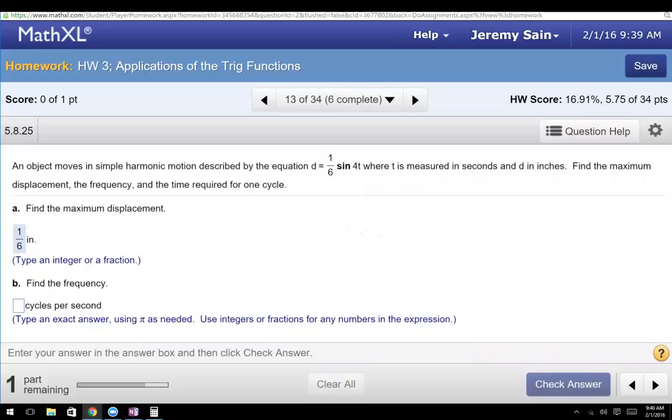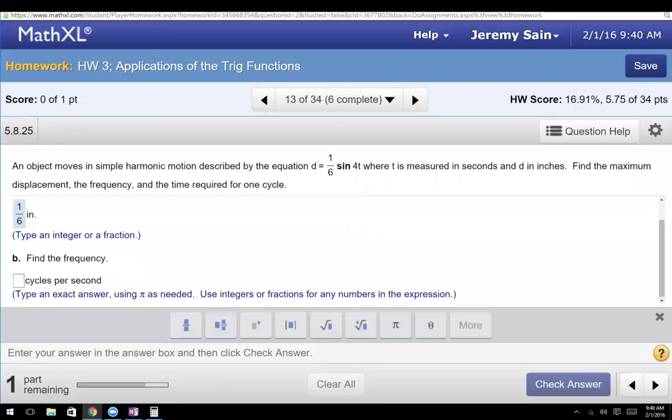What's the frequency? The omega is 4. So 4 divided by 2 pi. The difference between omega and the actual frequency is 2 pi, right? So you just need to go 4 divided by 2 pi.